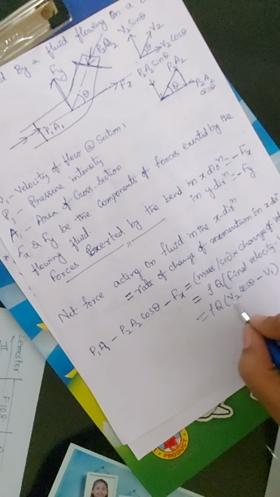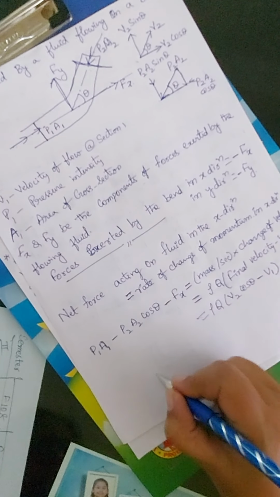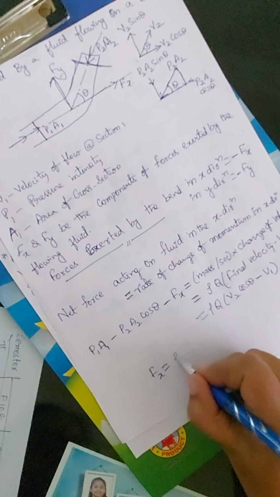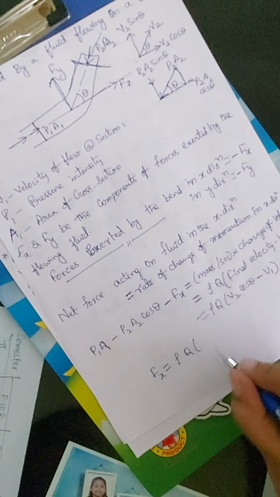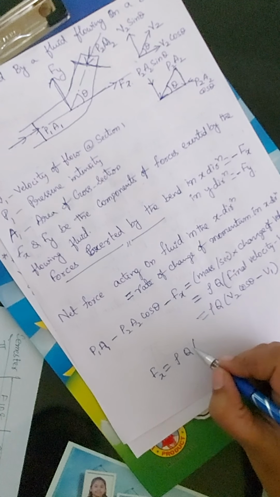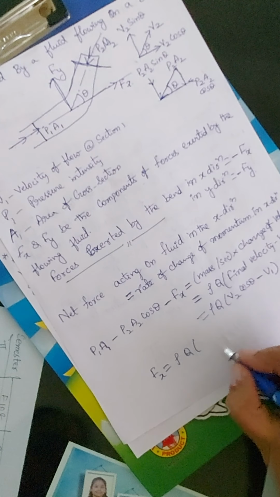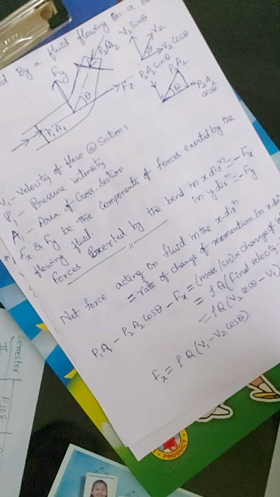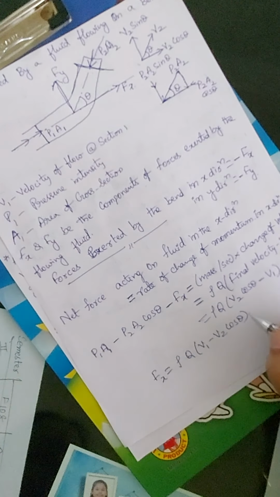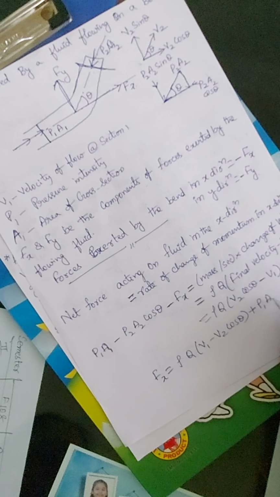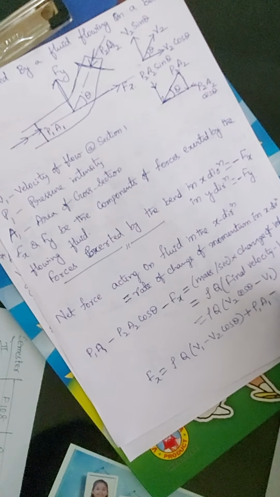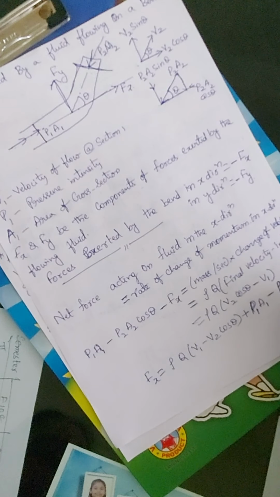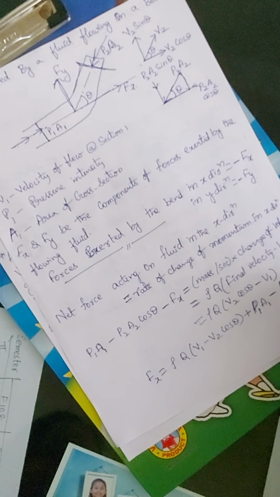Or we can write Fx equals rho Q into V1 minus V2 cos theta, plus P1A1 minus P2A2 cos theta.